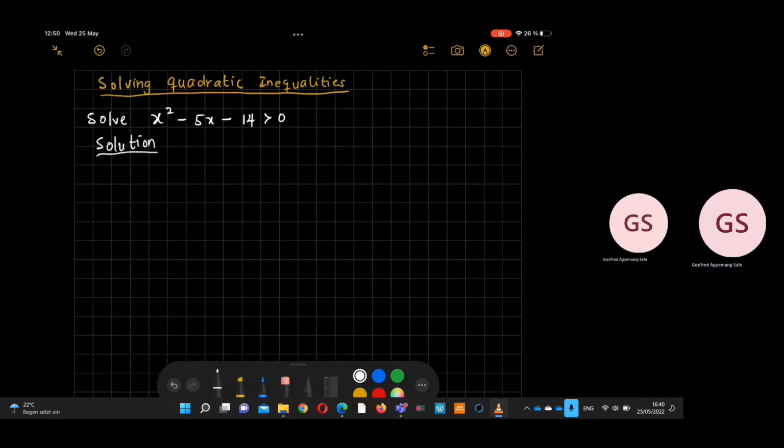So example is we have to solve x squared minus 5x minus 14, which is greater than 0. So you have to solve for the range of values of x, for which this curve is greater than 0. So to start the solution, we let y be equal to the curve.